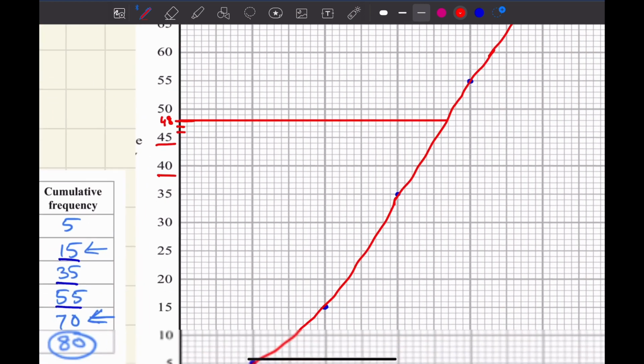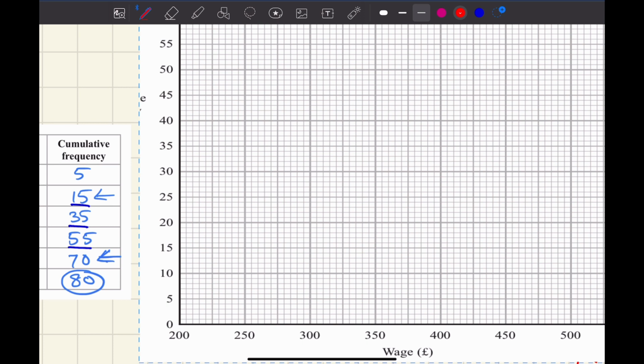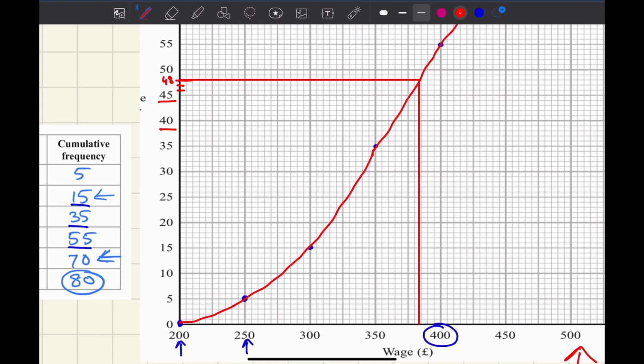Okay, so against 48, we have to check the wage. Let me try it again. There you go. It's here.